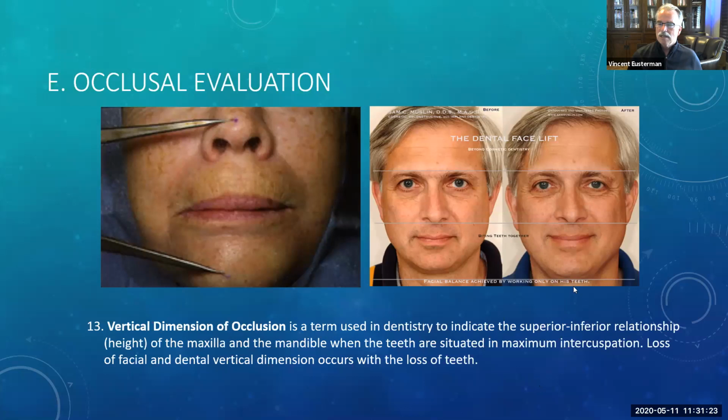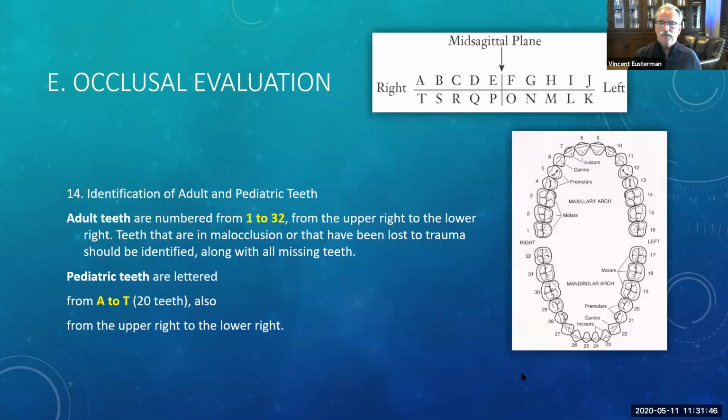And you can see that the chin is lower because he had lost teeth and the chin had collapsed. And sometimes the commissures here will actually fissure with loss of vertical dimension. So we are technically restoring vertical dimension under these circumstances of repair of the mandible.